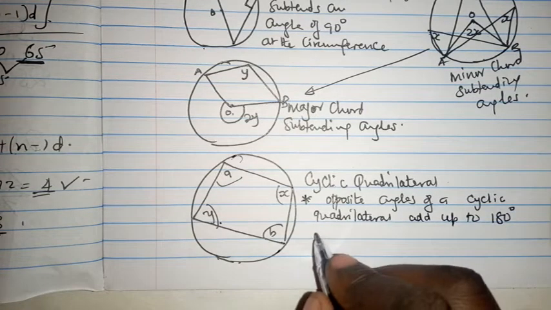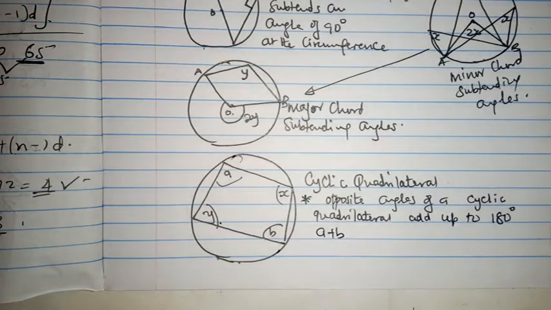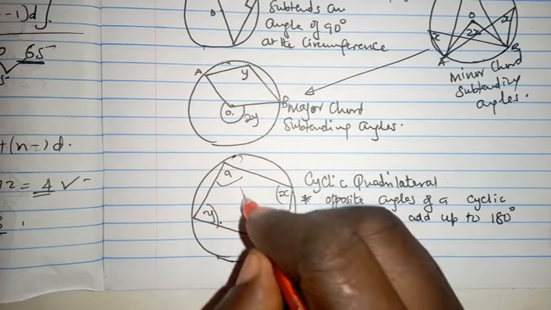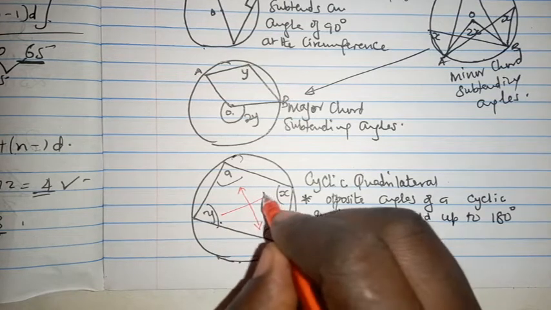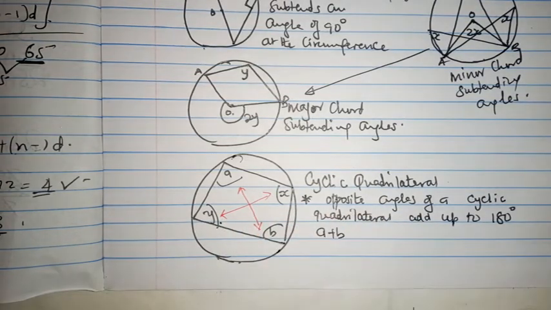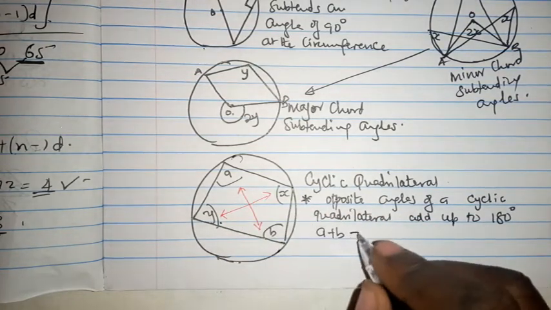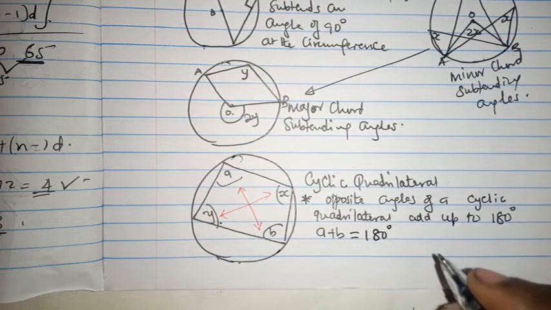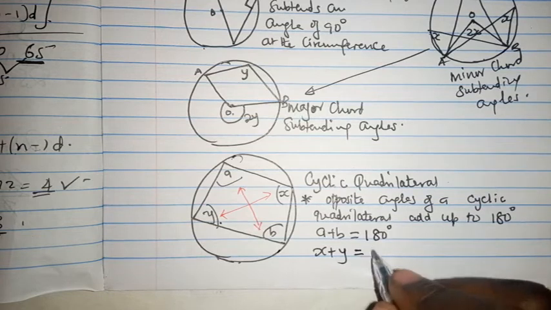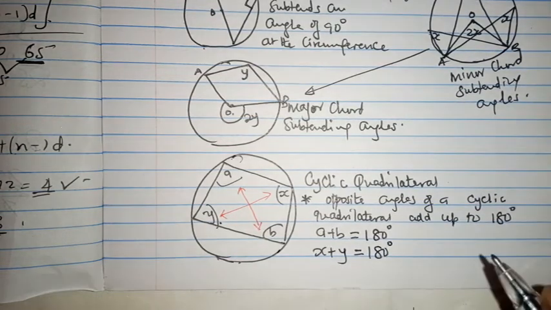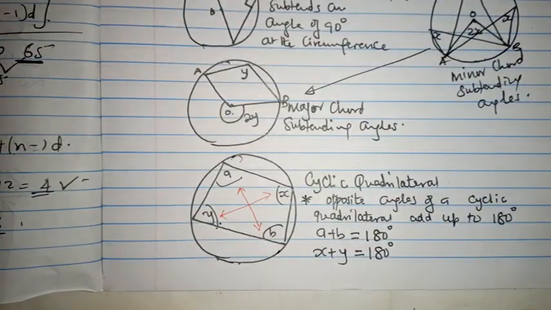What this means is A plus B, these are the two opposite angles we are talking about, and of course that and that. These are the two opposite angles. A plus B will give you 180 degrees, and X plus Y is also going to give you 180 degrees. That is just the special nature of a cyclic quadrilateral.